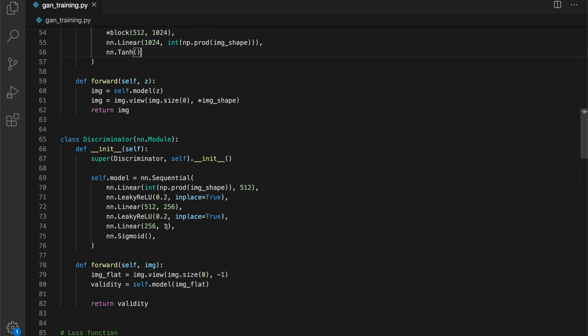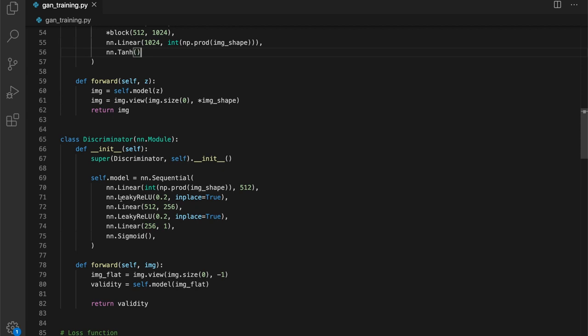At the very end, we have a single neuron output for this discriminator, which is then passed through a sigmoid function. This essentially just denotes the overall probability that the discriminator is assigning to the input. Remember that we want this probability to be 1 for real images and 0 for fake images.